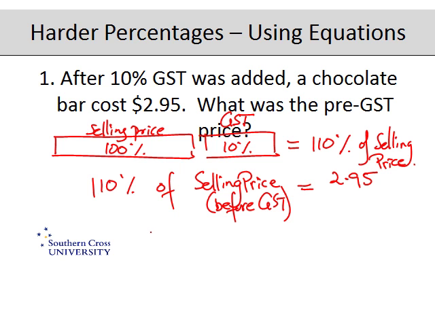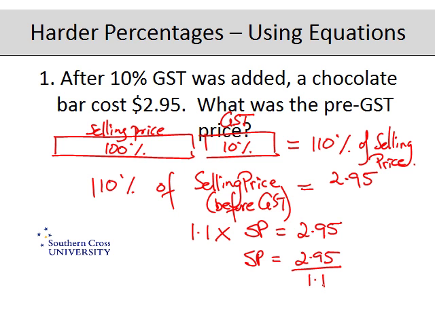Then we can say 110% as a decimal is going to be 1.1. Of means times, and I'm going to abbreviate selling price to SP, is equal to 2.95. So that means that the selling price is equal to 2.95 divided by 1.1.